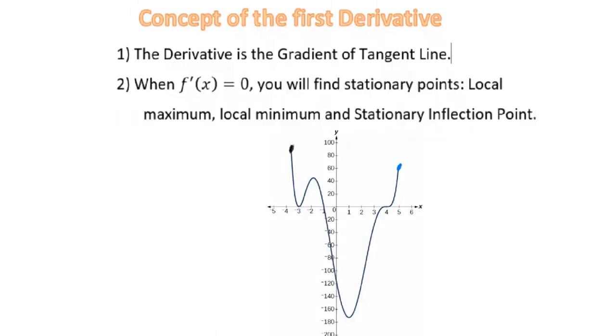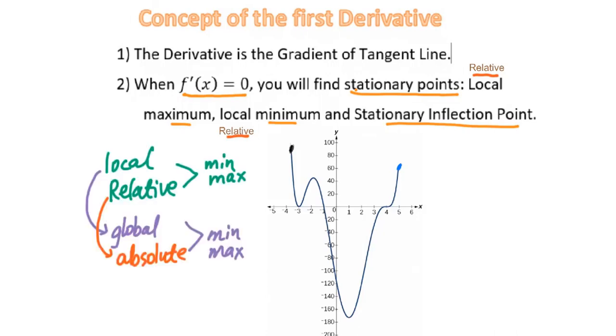For the second one, when the derivative equals 0, you will find the stationary points. Stationary points means 3 types of points: local maximum, local minimum, and the stationary inflection point. Sometimes we use the words relative maximum or relative minimum.